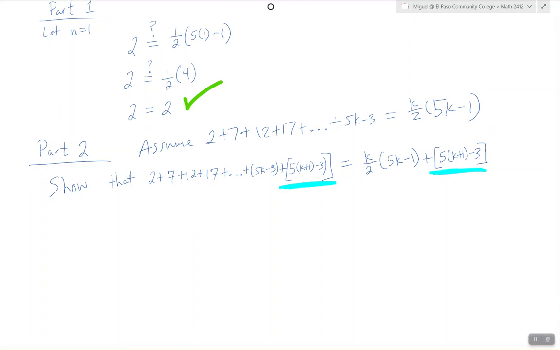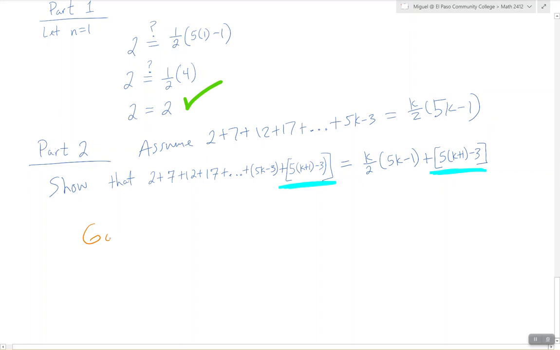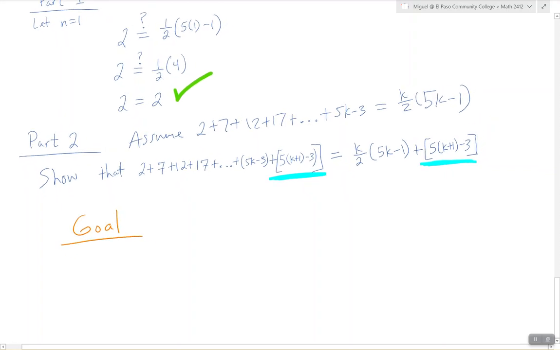And more or less our goal is, we want to go from k to k plus 1. So our goal would be k plus 1 over 2 times 5 times k plus 1 minus 1. So our goal is something equivalent to this.